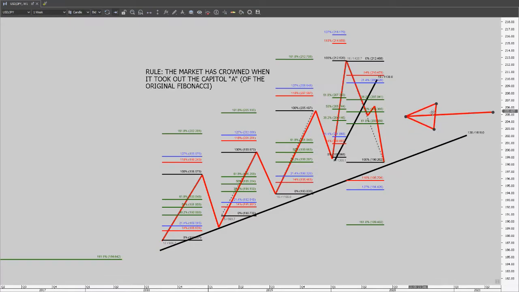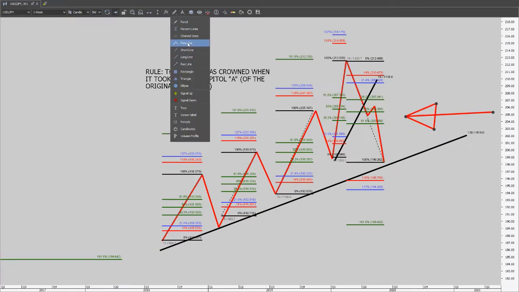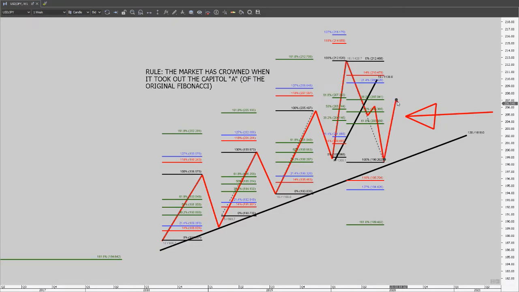If the market for any reason is going to take out your A again, remember, the market takes out the capital A 2 times, there is a 90% probability that we are in a sideways movement. Okay, but remember, beginner traders, you need to obey the rules.